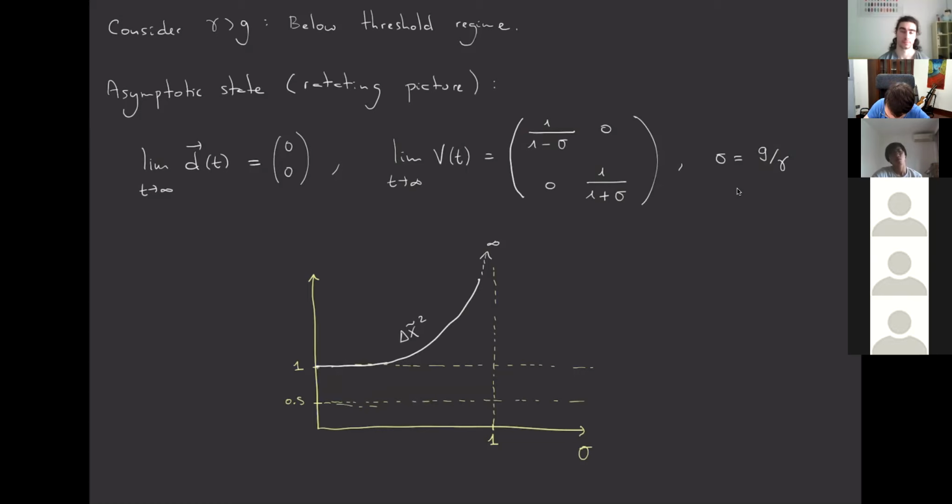Something like this. So this is the variance of the momentum quadrature. And you see that it goes down to a 50% squeezed state. Okay. But what's interesting is that while the momentum quadrature has 50% of squeezing inside the cavity, the position quadrature has infinite fluctuations.